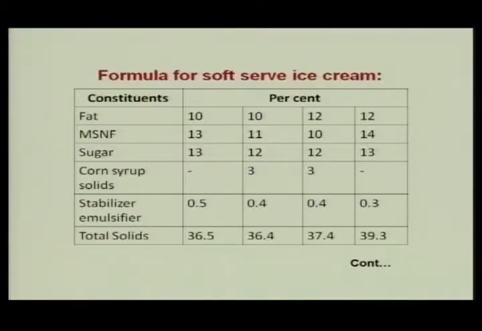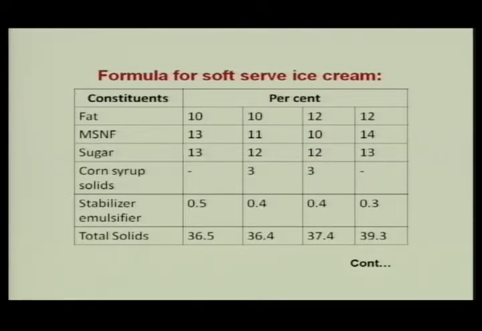You have to select in the proper way so that there is a balance of the freezing point depression, softness in the product, and the cost is also taken care of. Normally for making a soft serve ice cream, this is the formula we recommend: fat 10%, and for a good quality softy it can go to 12%.